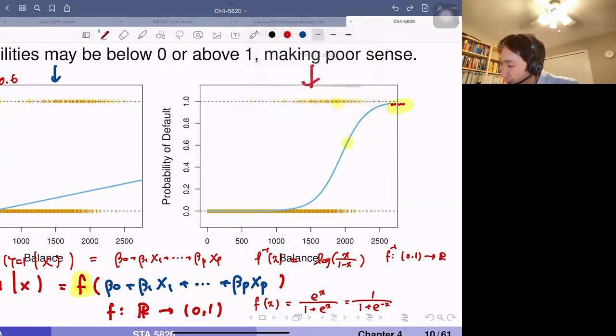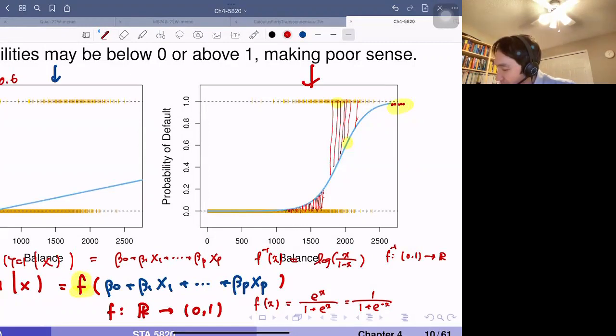So this is the residual. This is a residual. This is a residual. These are residuals. And in terms of density, maybe along the x-axis we have more residuals around here, and more residuals around here. So that's true.